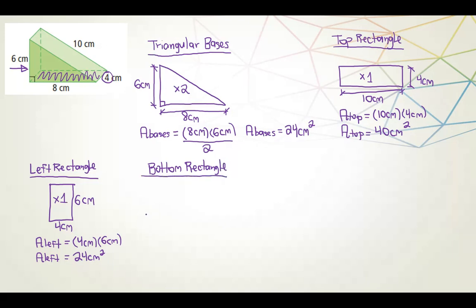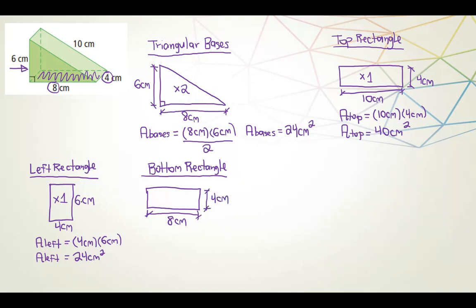The bottom rectangle is going to be similar to the top one, except it's not quite as long because it only has a length of 8 centimeters compared to 10 centimeters. So maybe something like this. The bottom rectangle is 8 centimeters long, and it has a width of 4 centimeters.